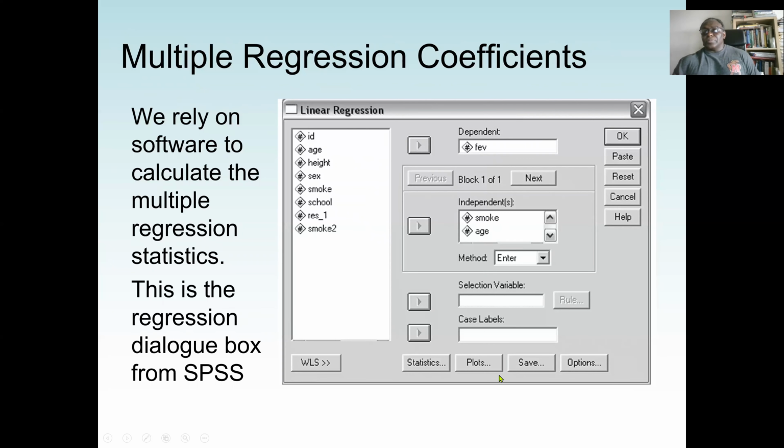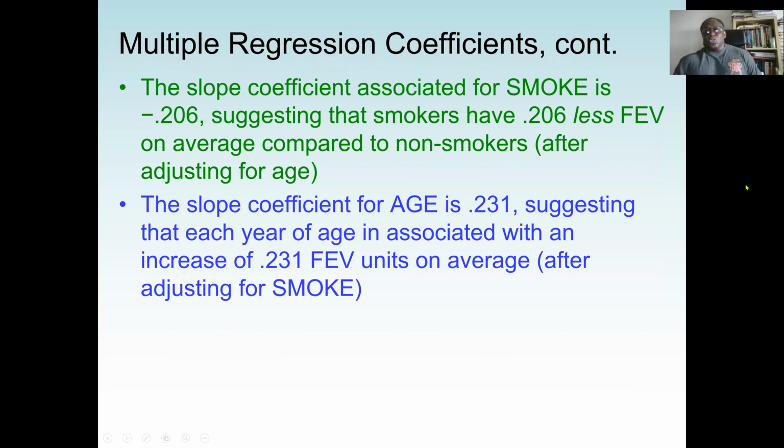So this is our result, and we're able to generate this model. What this result means is that first we know the slope for smoke is negative 0.206. So the slope coefficient associated with smoke is negative 0.206. This suggests that smokers have 0.206 or 20.6% less FEV on average compared to non-smokers.